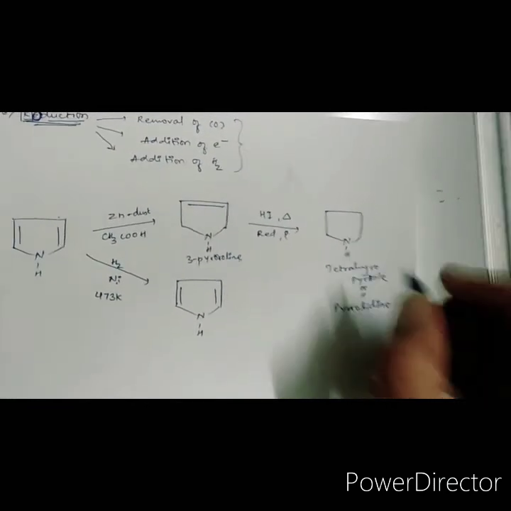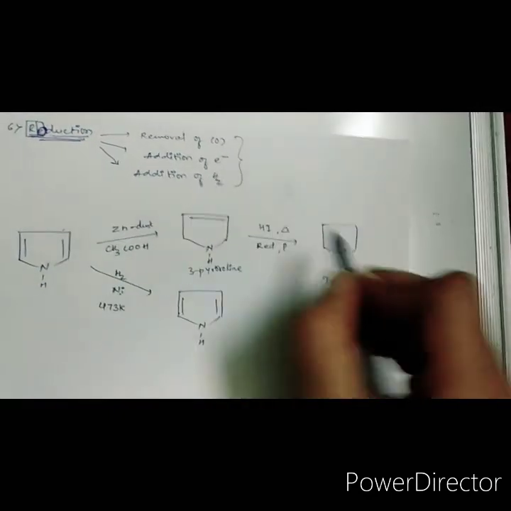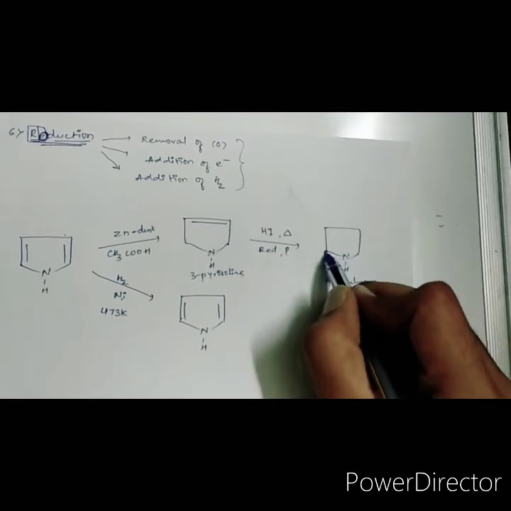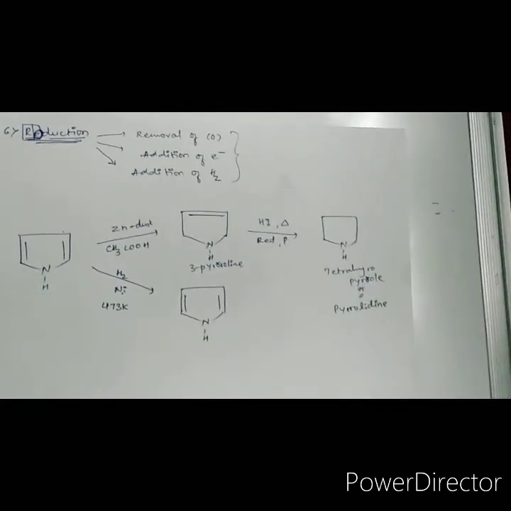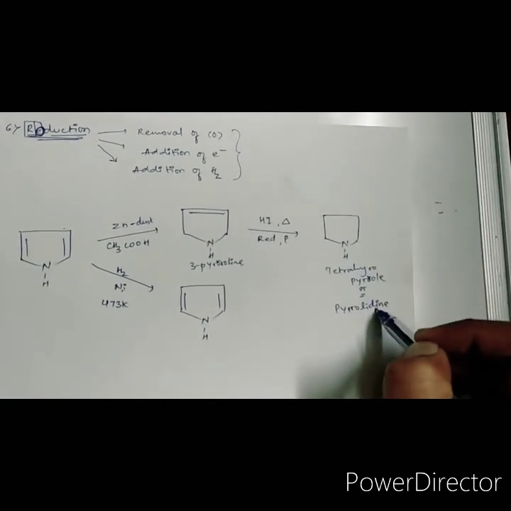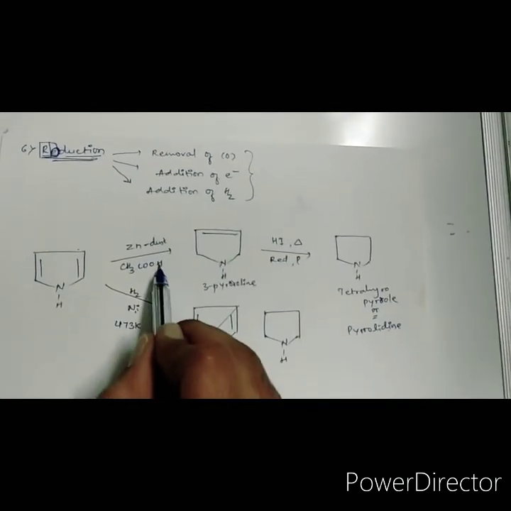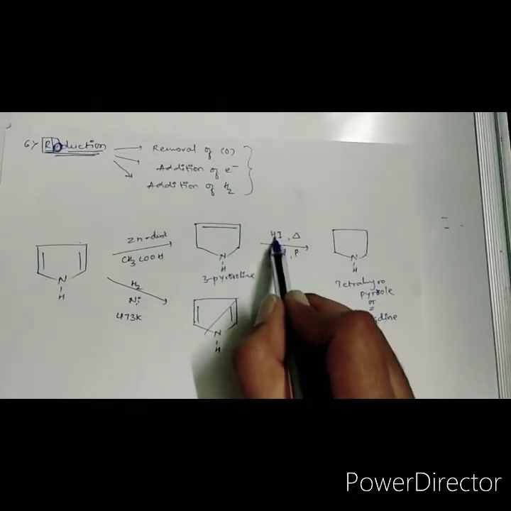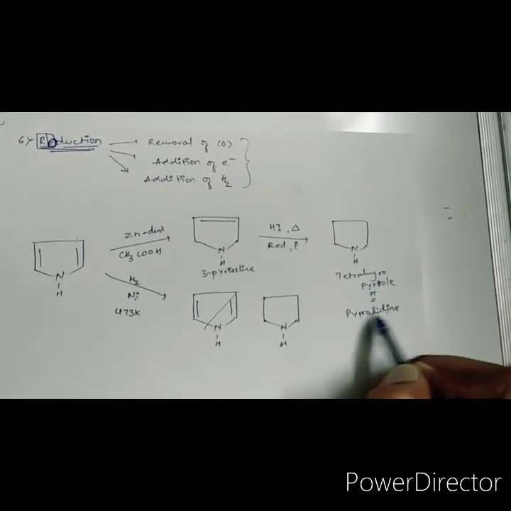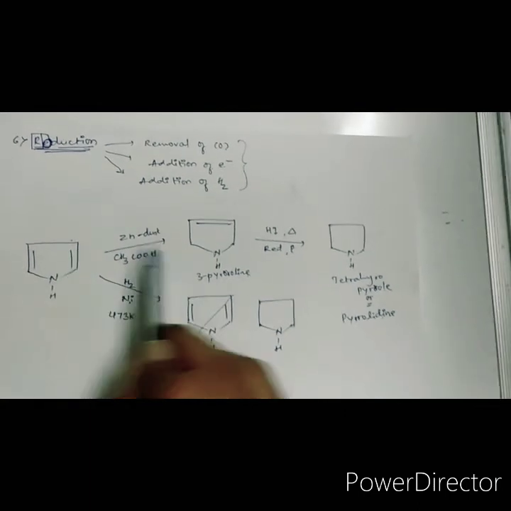You can write tetrahydropyrrole because the unsaturated bonds are all replaced by hydrogens: 1, 2, 3 and 4, four hydrogens are added. The chemical name is pyrrolidine. So using zinc dust in acetic acid, followed by hydrogen iodide and red phosphorus, pyrrole is converted to pyrrolidine. These are the milder conditions for reduction of pyrrole.